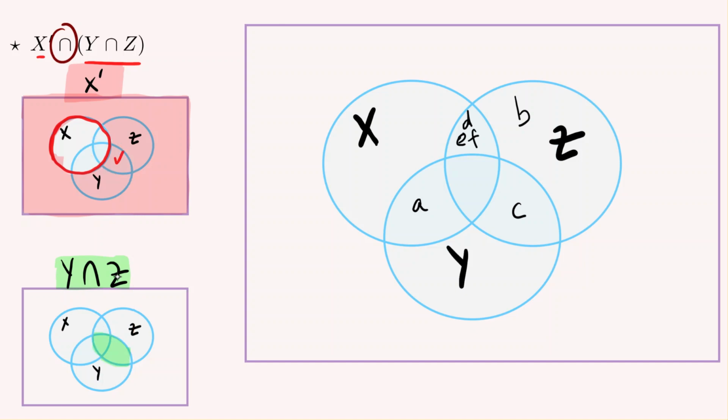So only this section and this section. These are the only two sections that are shaded in both Venn diagrams. So it would be the only thing shaded overall. And then that would be our overall intersection of x complement intersected with y intersects z.